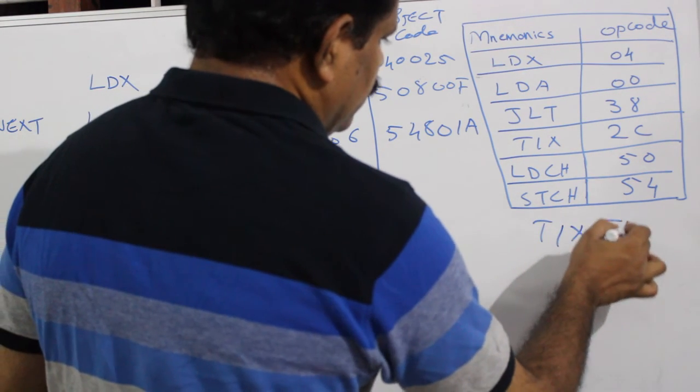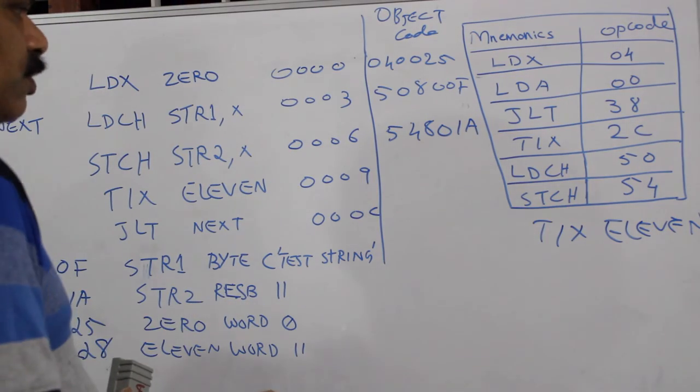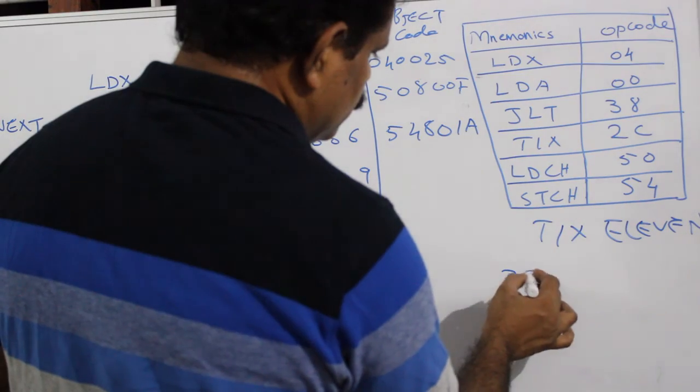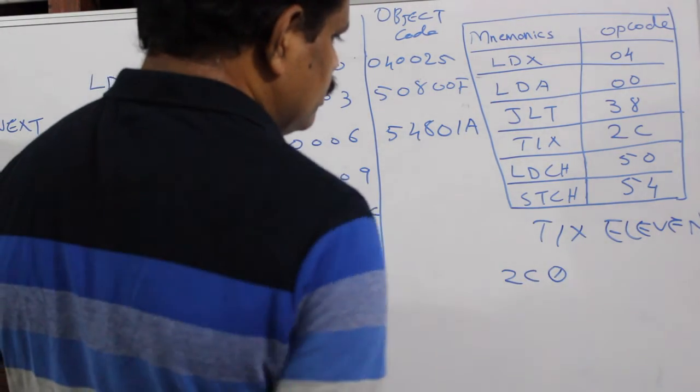Then what is the code of TIX 11? What is the opcode of TIX? It is 2C. It is direct addressing, so x is 0.